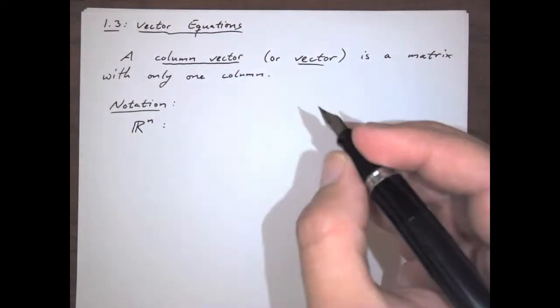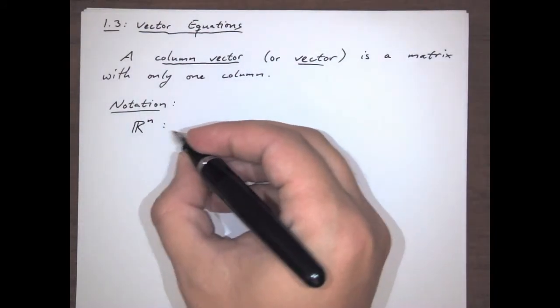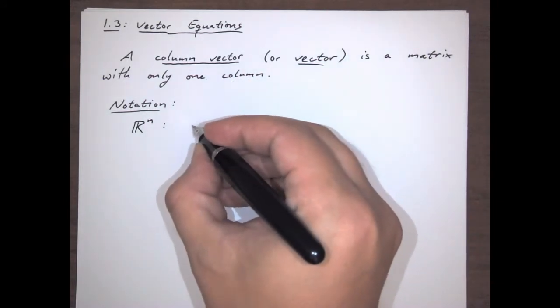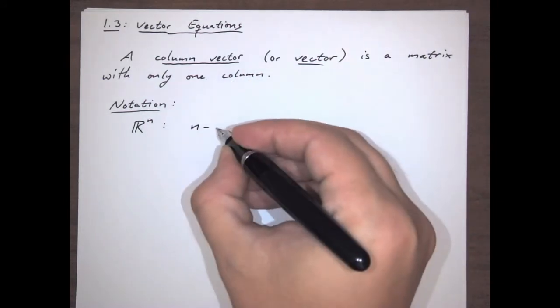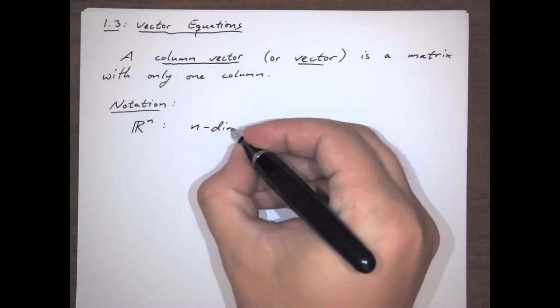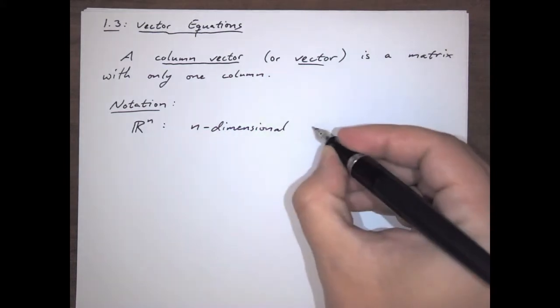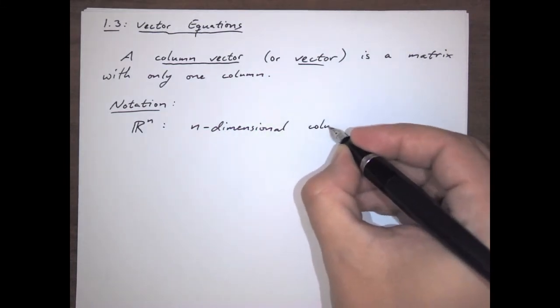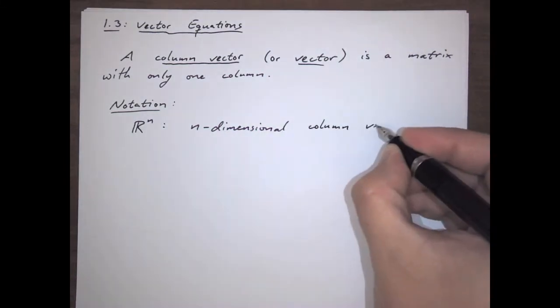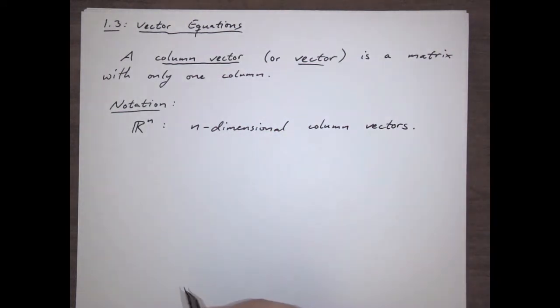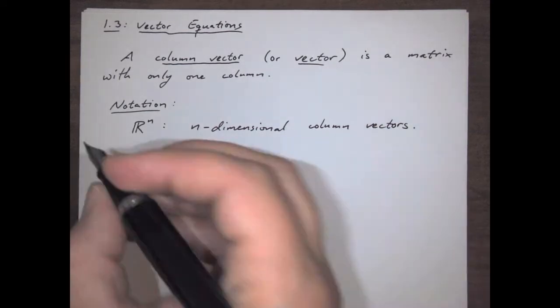This represents the set of all n-dimensional column vectors. So R as in the real numbers with a power of n.